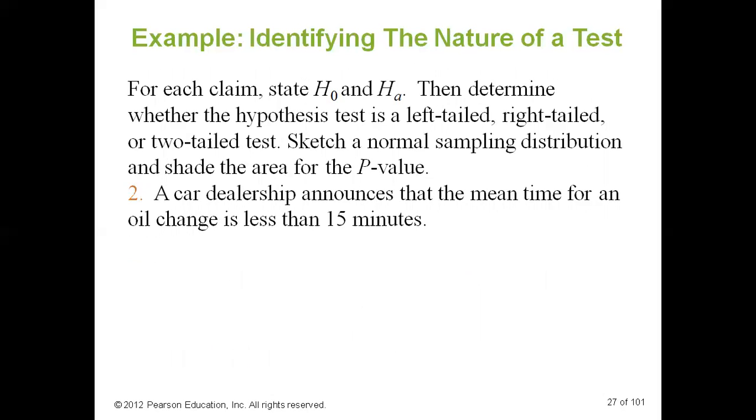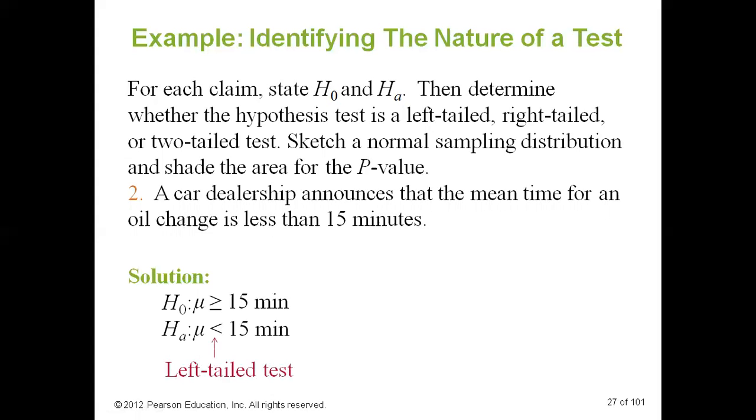Next, a car dealership announces that the mean time for an oil change is less than 15. Here the less than symbol is used, so this claim will be defined inside the alternative hypothesis. Mean time is represented by mu, so mu is less than 15.